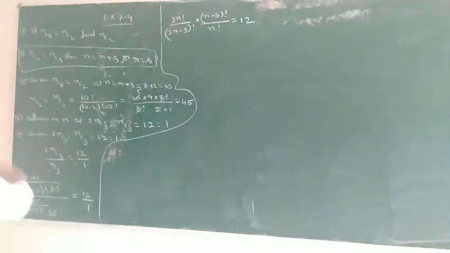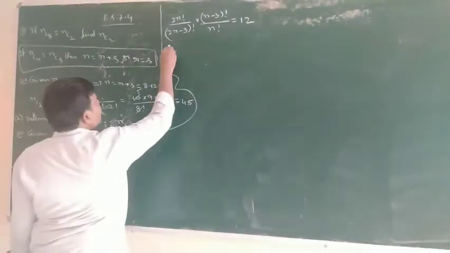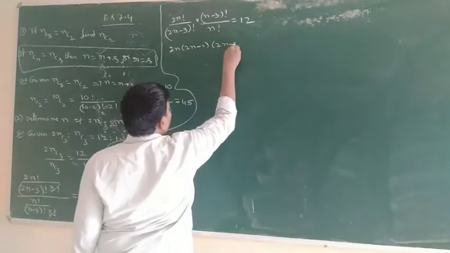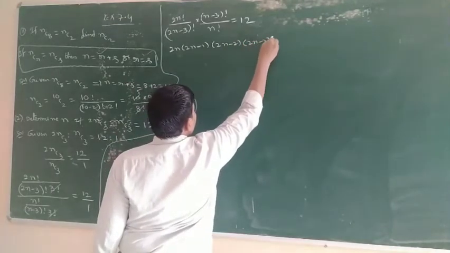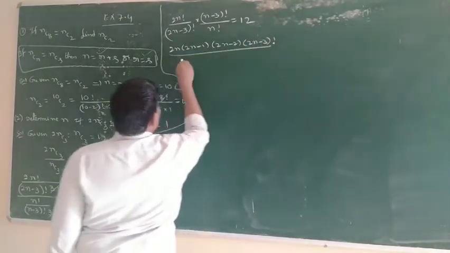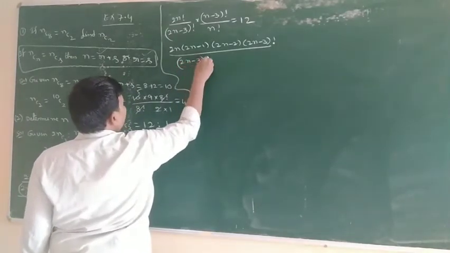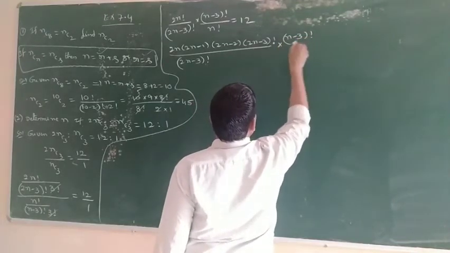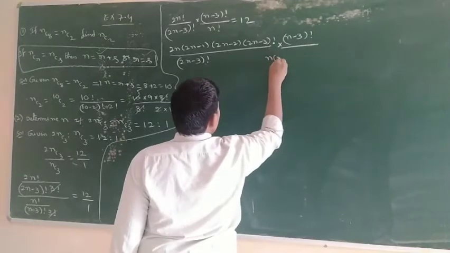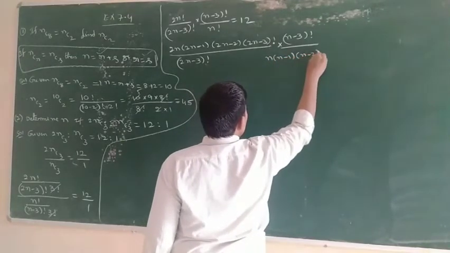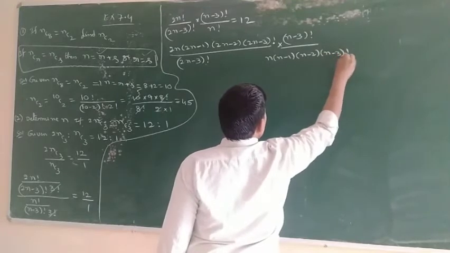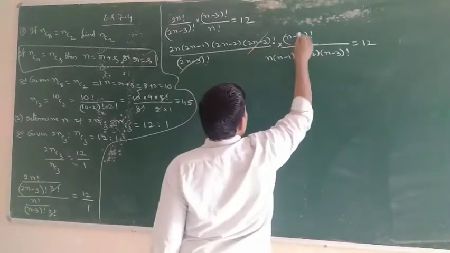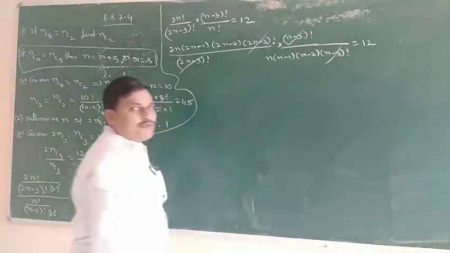First, 2n factorial is equal to 2n into 2n minus 1 into 2n minus 2 into 2n minus 3 factorial, and n factorial is equal to n into n minus 1 into n minus 2 into n minus 3 factorial. 2n minus 3 factorial and n minus 3 factorial both cancel.